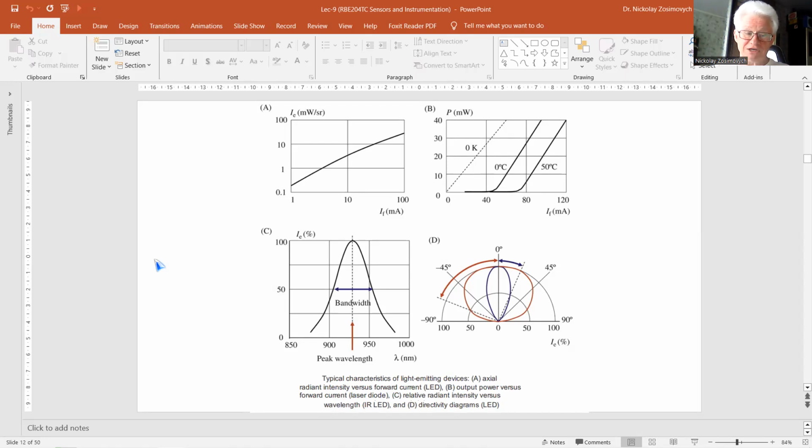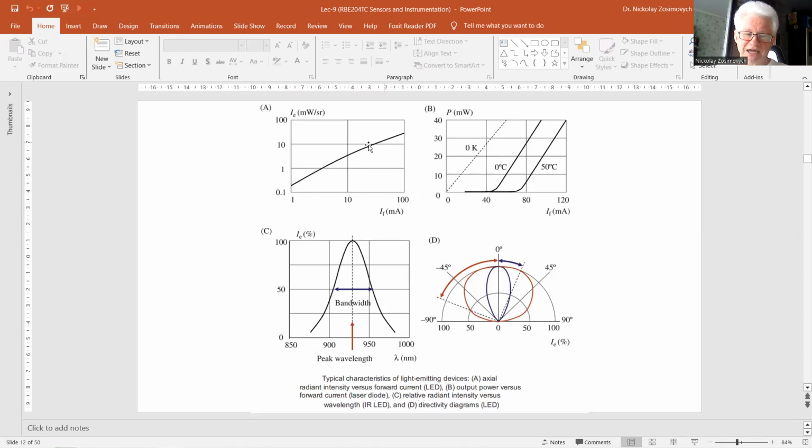Intensity versus forward current you may see in figure A on the left upper corner of this slide. This figure shows that the intensity and power of a LED is about proportional to the forward current.